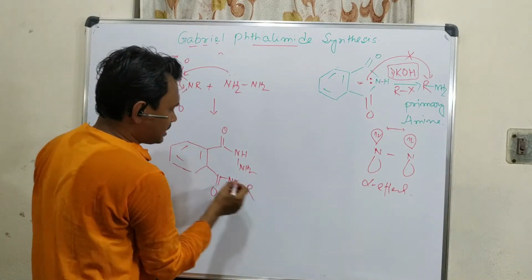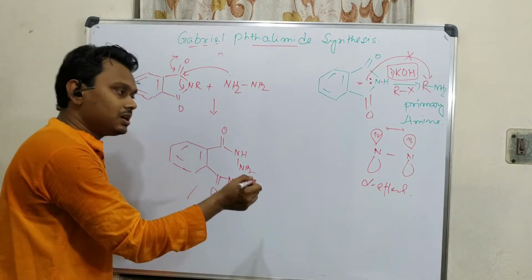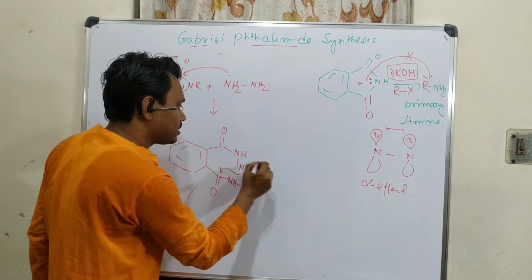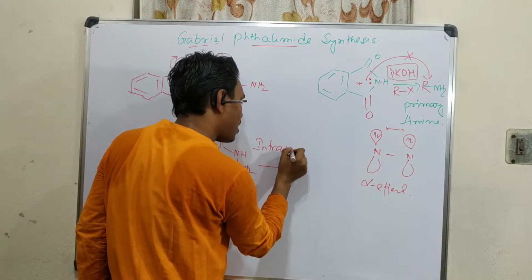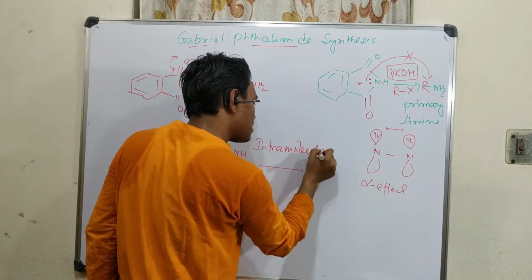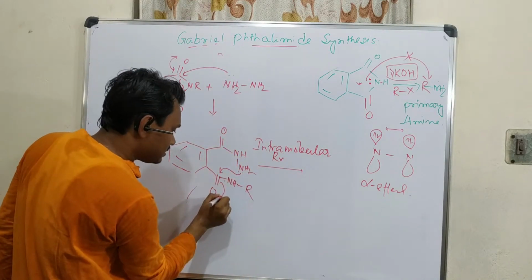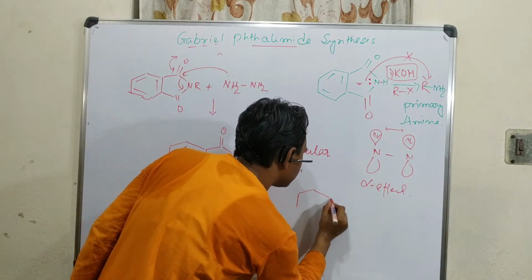Now this is the important thing. In the second step, another molecule of alkali is going to attack here, but this process is intramolecular. So in this intramolecular reaction, this attacks, this comes and it leaves. So ultimately what is produced?